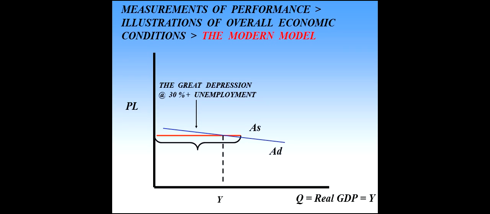Here we've gone back to our graph and we have our axes labeled along the lines of the aggregate supply and demand components. In the modern model, we have the x-axis representing real GDP or income, and the y-axis labeled as price level.